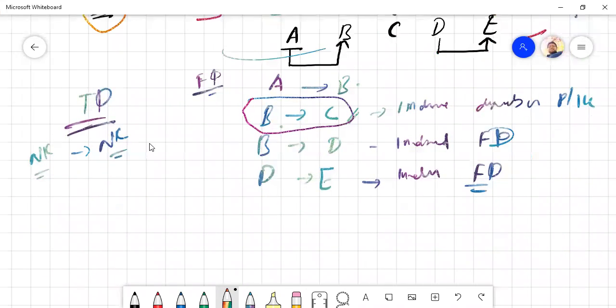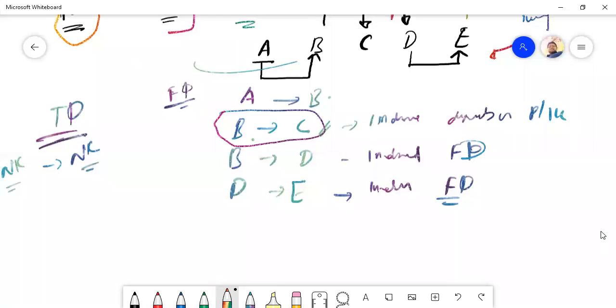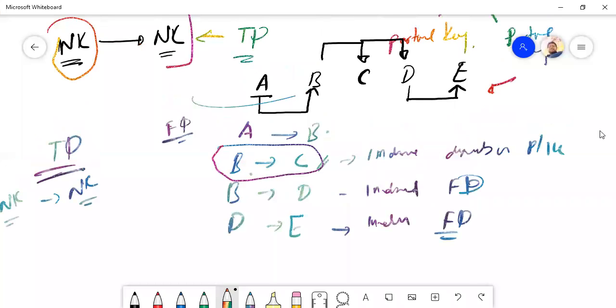Now if you find a case like this, AB, that is fine. AB is fine, because it is depending on this primary key. BC, this is a non key. C is a non key. Now a non key depends on another non key. Now if you take the D, it depends on B in this case.